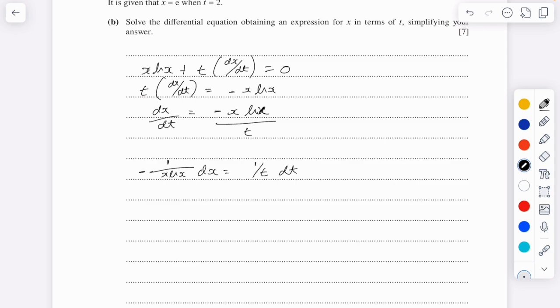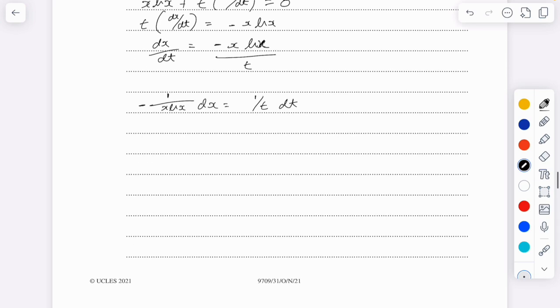And as a result, we can now integrate. We can say that we've got negative integral of 1 over x ln x dx here, and that's going to equal the integral of 1 over t dt over here. Brilliant.